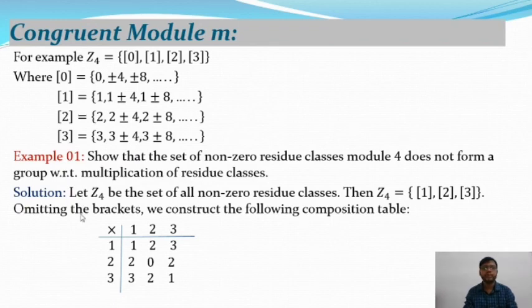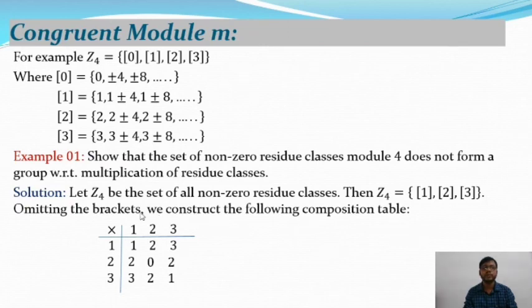Here is an example on the congruence relation: the set of non-zero residue classes modulo 4 does not form a group with respect to multiplication of residue classes. Let Z4 star be the set of non-zero residue classes, that is 1, 2 and 3, where 0 is not included.